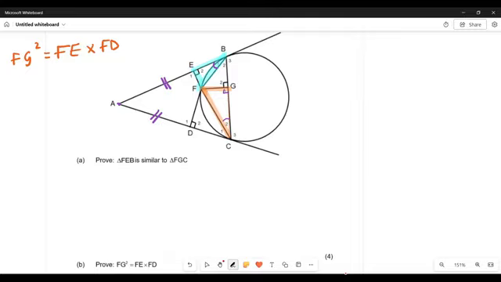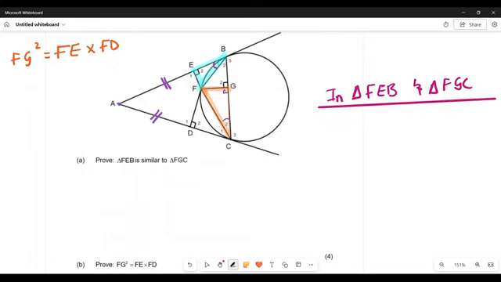Basically, my previous answer. Now, remember, if these two triangles are similar to one another, I can use ratios here, right? So basically, what do I mean by that? So in the two triangles which are similar to one another, FEB and triangle FGC, right? I'm going to use ratios for the two triangles, right? So now how would I go about doing that? So I'm going to say, okay, FE, right? And I'm also going to choose a similar side to my FE. So FE over the similar side on the other triangle, it's FG, right?